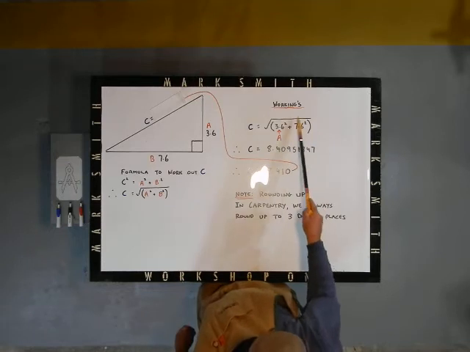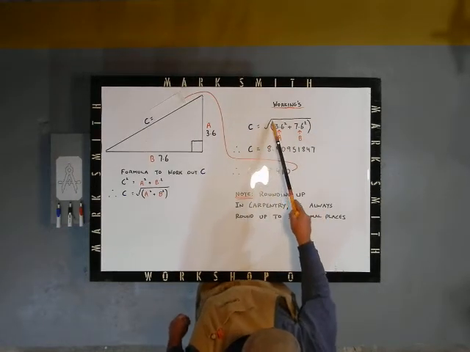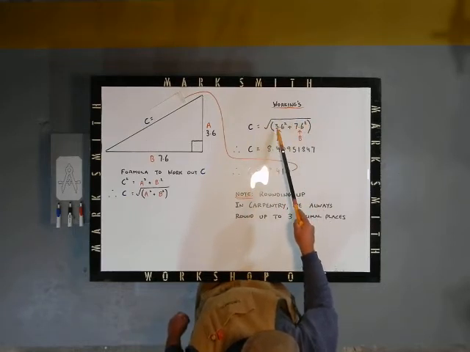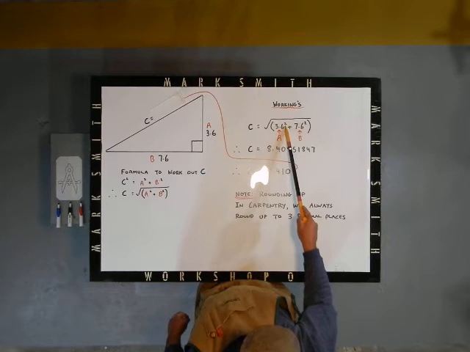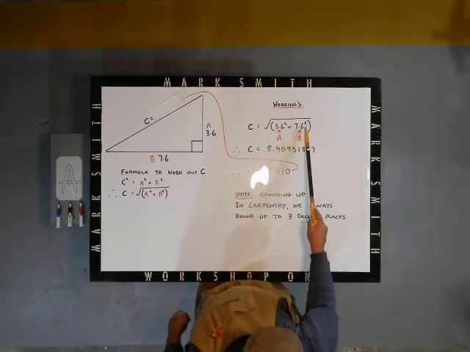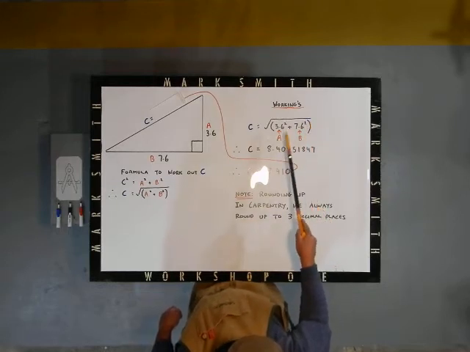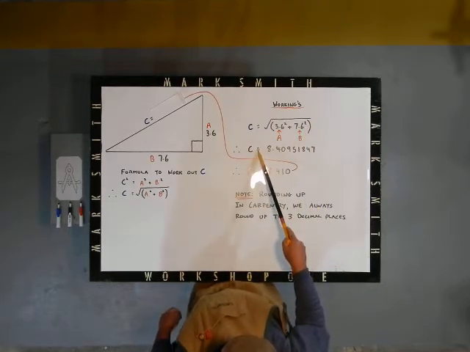Then what I put into the calculator is the square root, open a bracket, 3.6 squared plus 7.6 squared, close the bracket, and press equals.